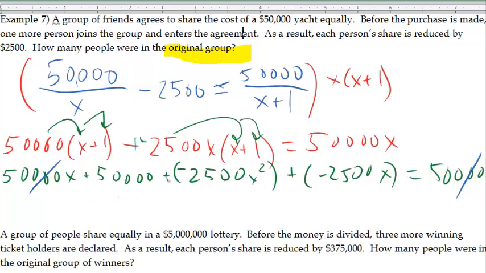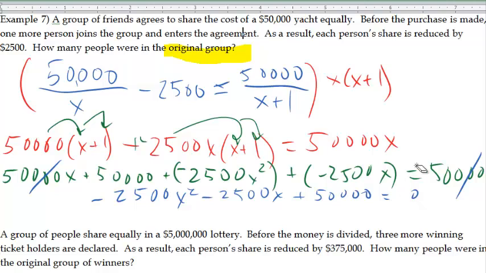So I'm going to just have left negative 2,500 x squared minus 2,500 x plus 50,000 equals 0.